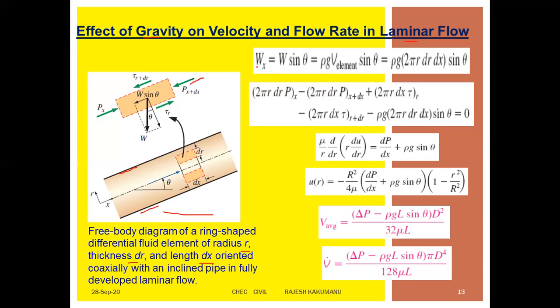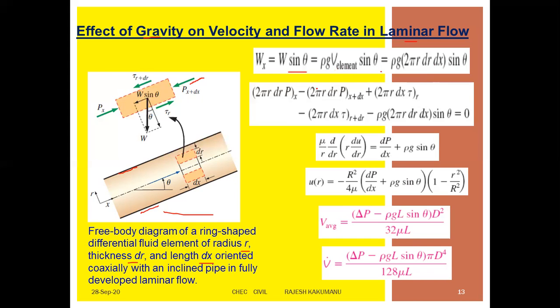So the weight in the x direction, Wx is equal to W sin theta, that is equal to rho g V element sin theta. W is equal to rho g into V sin theta. That implies rho g, right? So 2 pi r dr dx into sin theta.